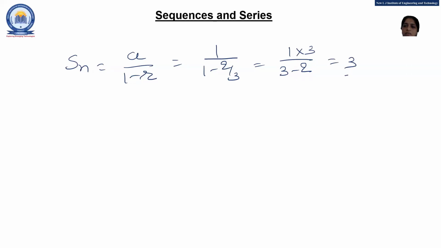So our final answer is 3. Okay, so any doubts, students? Yes, very good. Many students have given the answer in the chat box that the sum is 3. Very good. So anyone have any doubt about this example? Okay. So let's move on with one more example.